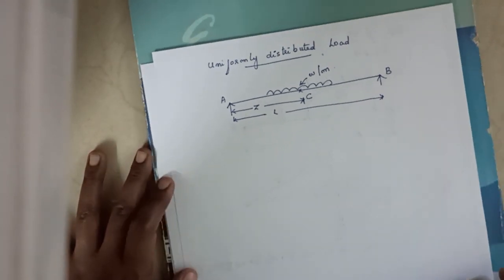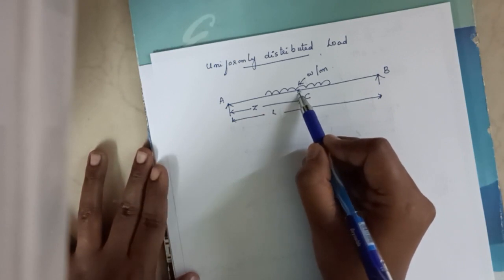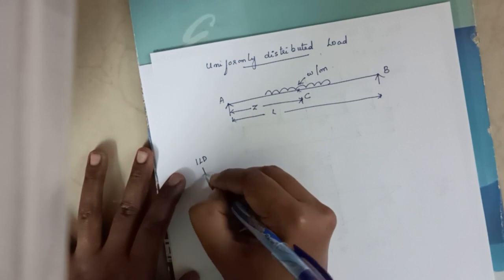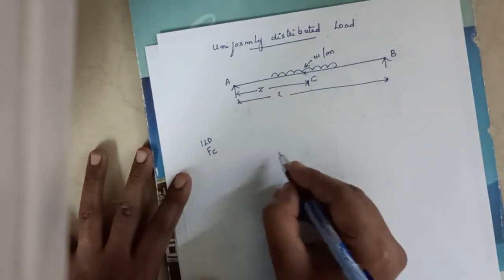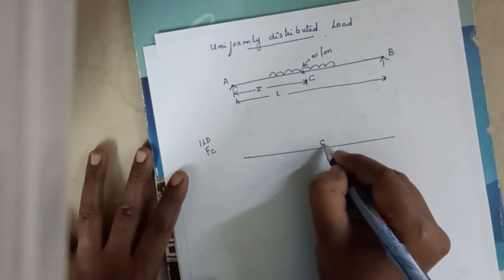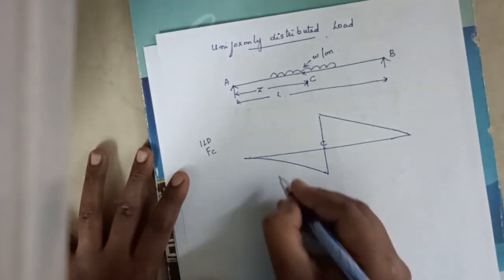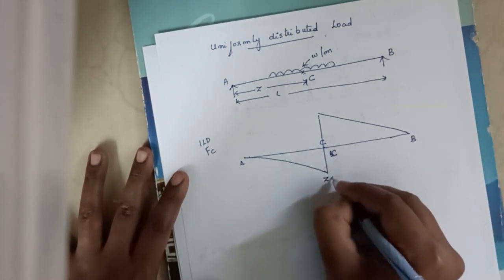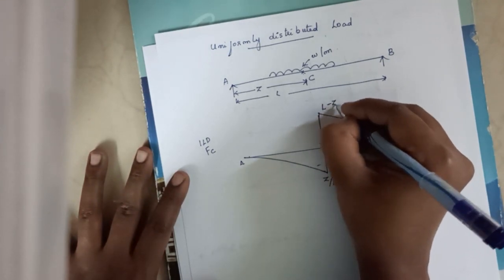For finding the shear force at this section C, first draw the influence line diagram for section C, which will be minus Z by L here, and (L minus Z) by L here.